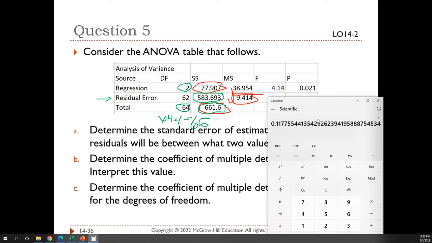So, well, clear, 1 minus 583.693 divided by 65 minus 2 plus 1, then divided by 661.6 divided by 65 minus 1.